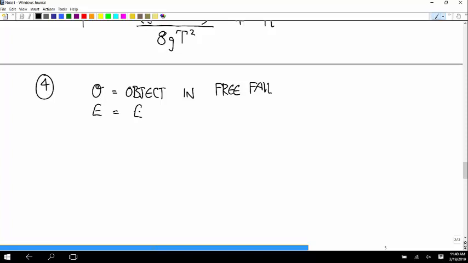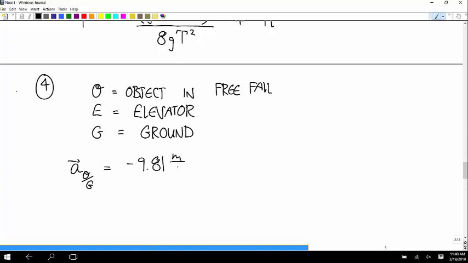You have the elevator, and you have the ground. And since the object's in free fall, you know that its acceleration relative to the ground is down at 9.81. So the acceleration of the object relative to the ground is equal to negative 9.81 meters per second squared.